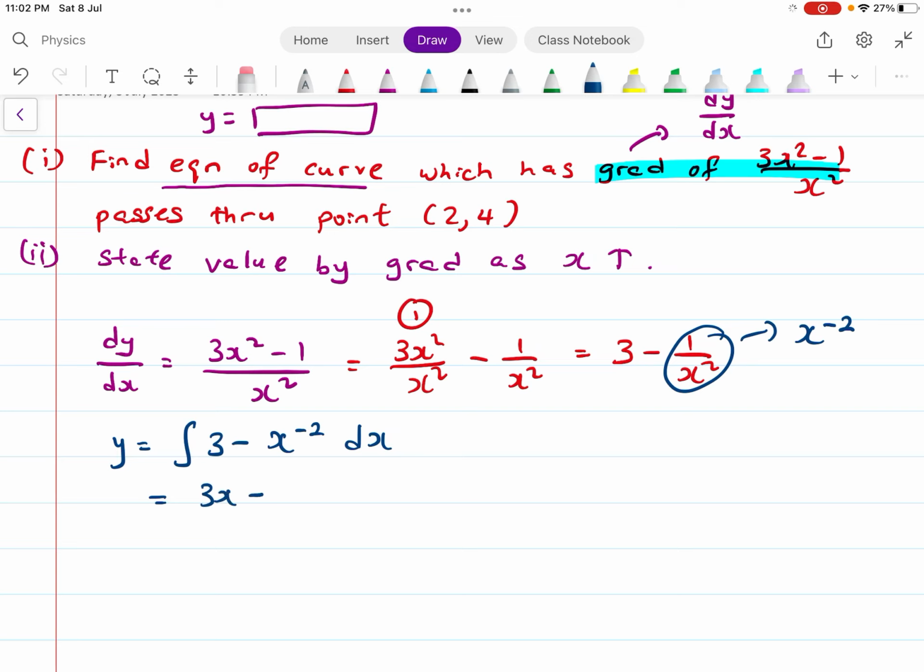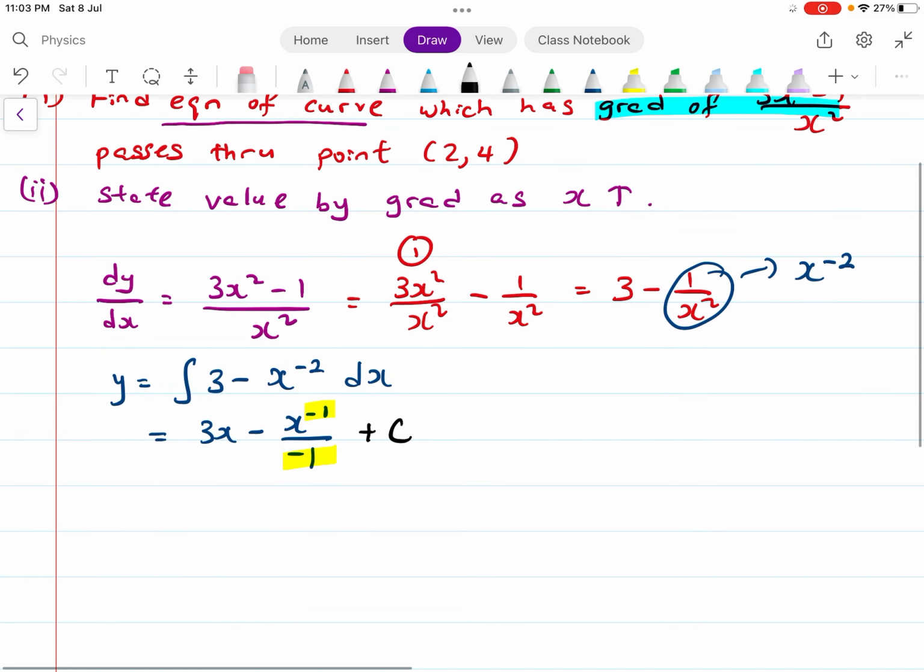Then the second term is x to the power of negative 2 plus 1, which is negative 1, but you must remember to divide by the new power, then plus c. Simplify first: 3x, and there's a minus here, so you simply put plus x to the negative 1, plus c.